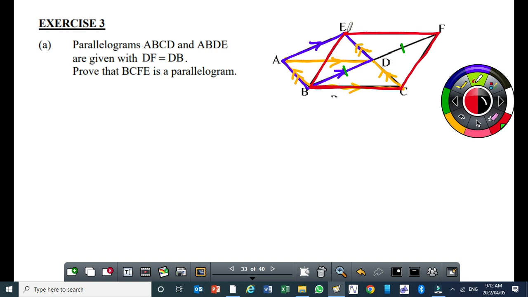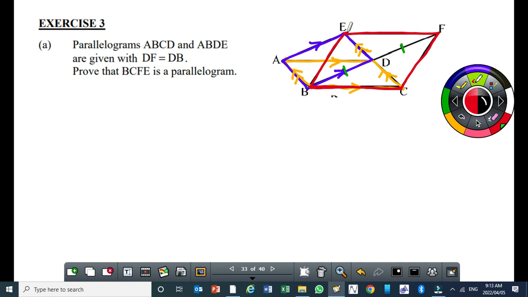Okay, that's given already. So the only thing that I just have to do is to prove that ED is equal to CD. If I can prove that ED is equal to CD, I'm almost halfway through because I'm already told here that DF is equal to DB. So I'm going to prove that BCFE is a parm based on the diagonals that are bisecting.